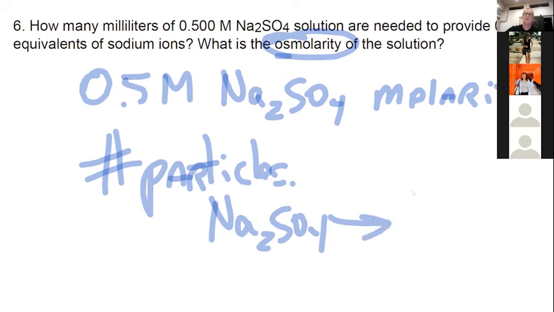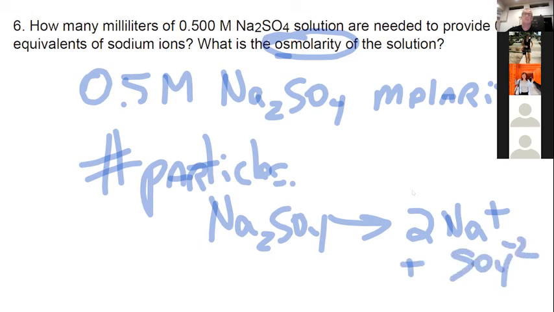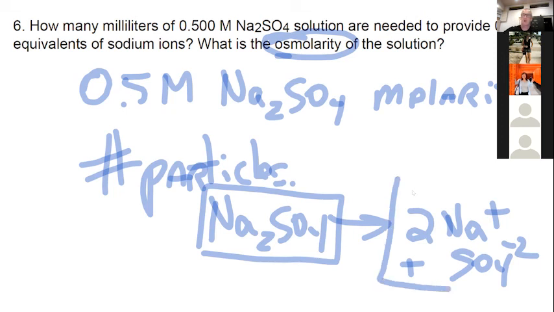So when sodium sulfate dissolves, as we saw before, we get 2 sodium ions plus a sulfate ion. So if my concentration of this is half molar, what's the concentration of all this on the other side? We add it all together.